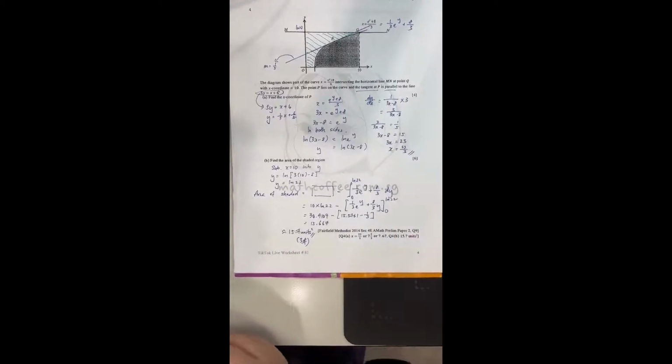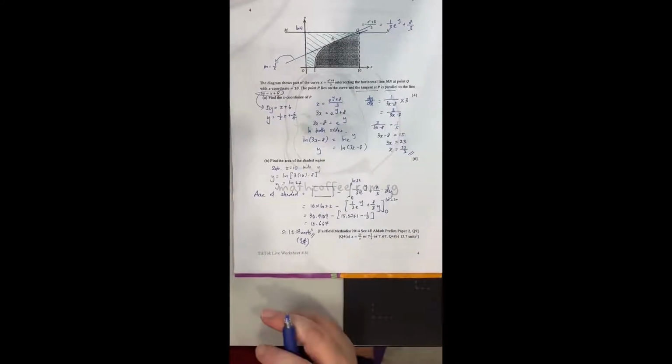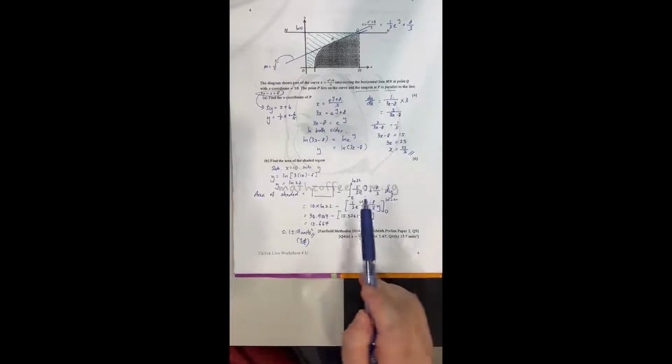Okay, so this question is tough. Why? Because it used the concept of the equation of normal and tangent. That means you need to know that the differentiation dy dx is the gradient of the tangent.